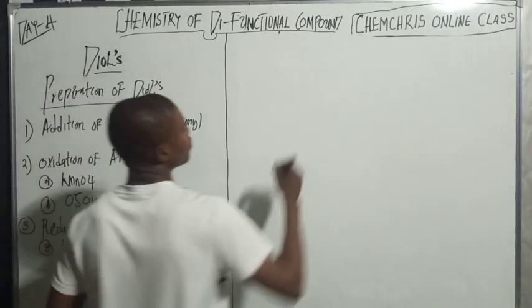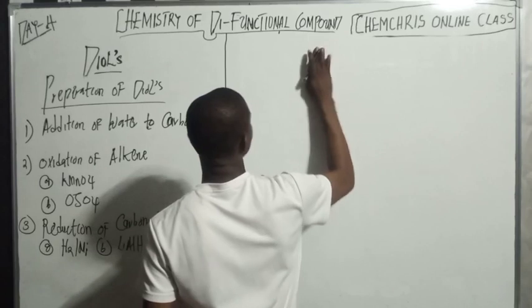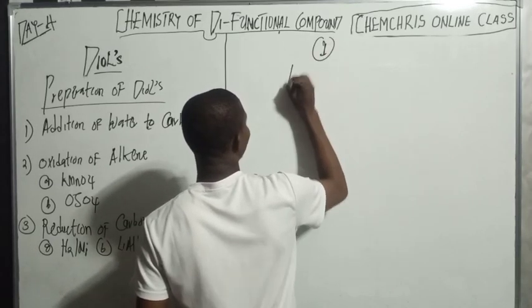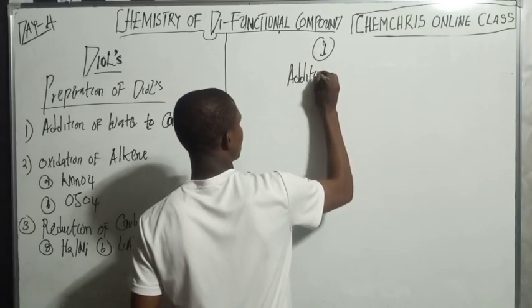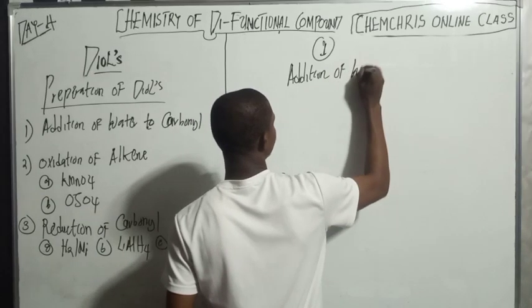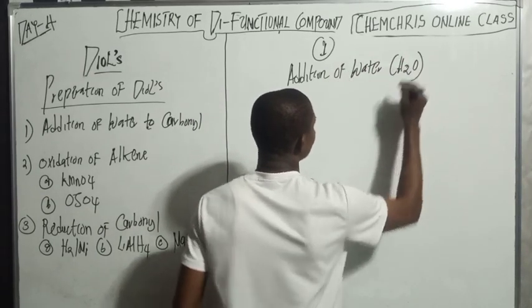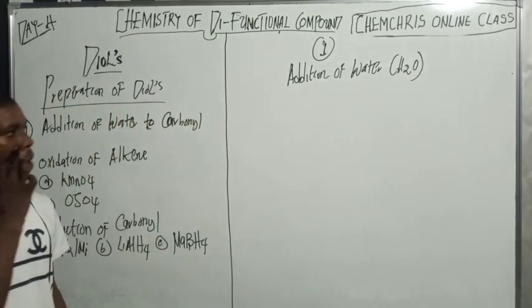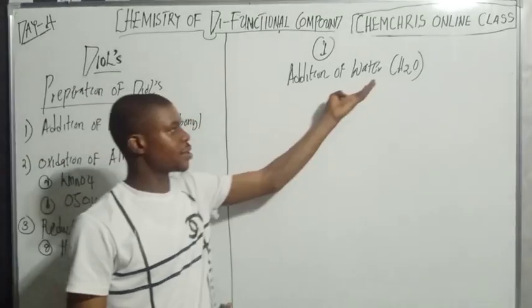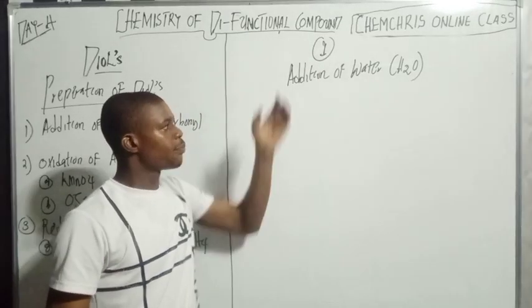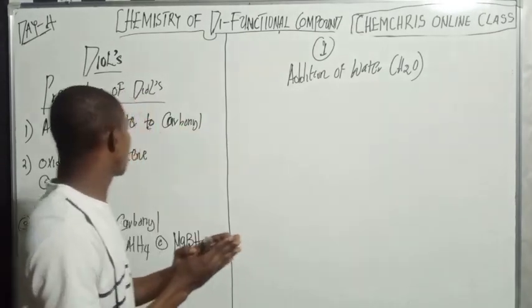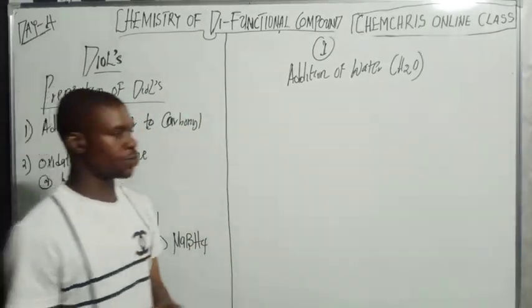The first one is the addition of water, H2O. How will the addition of water to a carbonyl produce a diol?